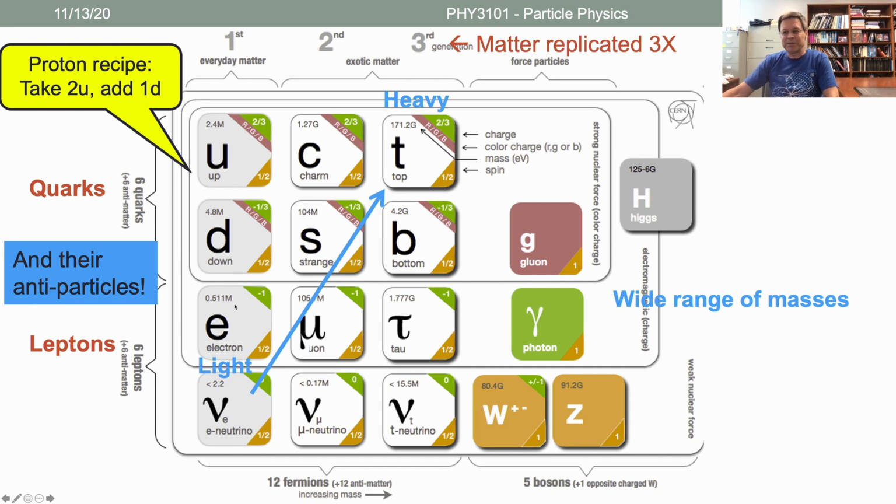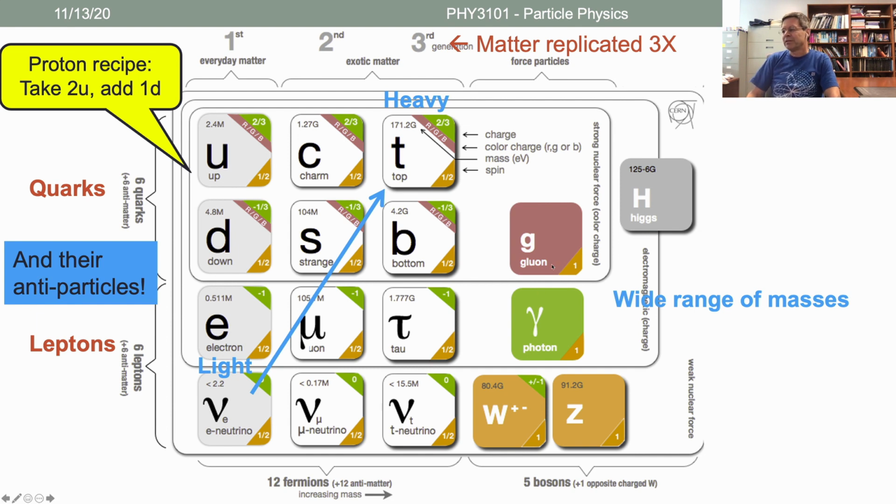The electron we know has half an MeV, and then the up and down quarks are around some MeVs, 5, 10 MeV. Charm quark more like a GeV, 1,000 MeV. The bottom quark, 5,000 MeV. Well, 4.2 is what's on the figure. And the top quark, whoops, way off the scale, 171 GeV, which is 171,000 MeV. Wide range of masses.